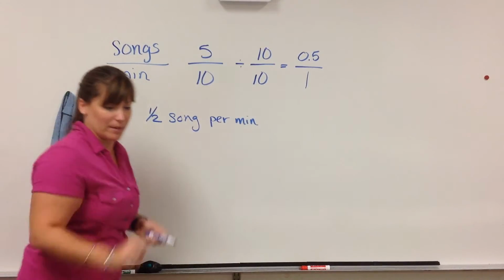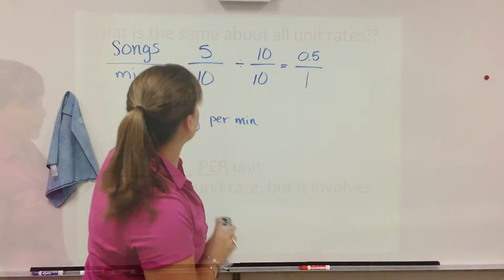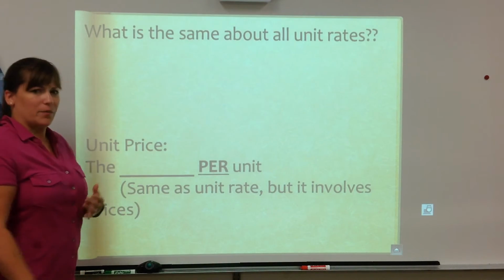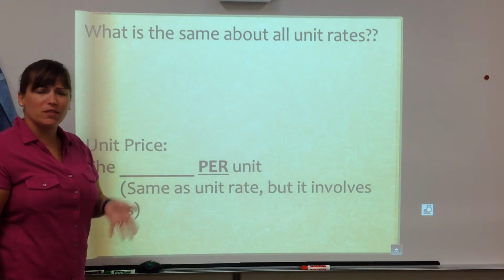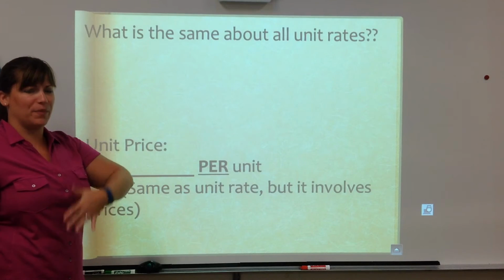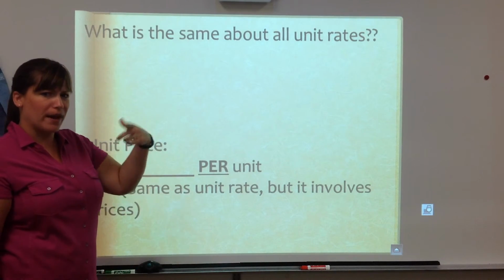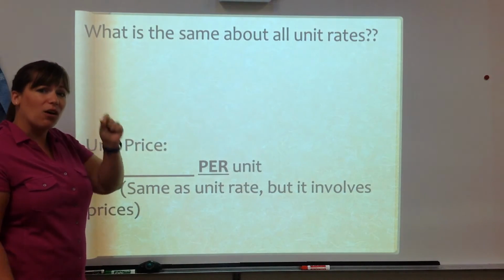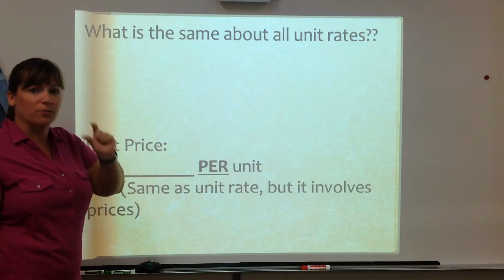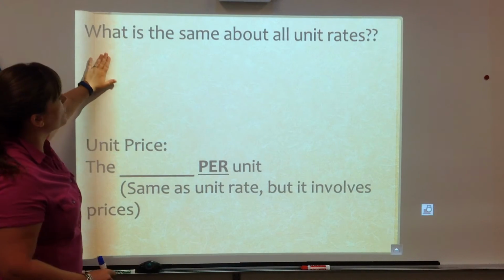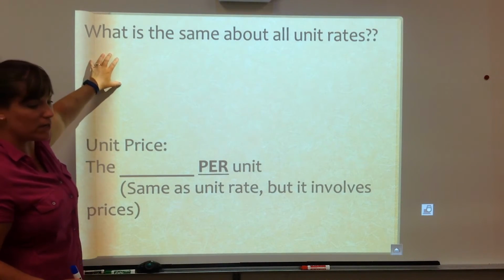Let me turn back on my projector and move on. So what we've been noticing as we are trying these rate problems is that when we simplify them, there's a recurring thing happening in the denominator. Look back and see if you can't notice it. All of the denominators are ending up being a 1. So we're going to actually write that. What's the same about all unit rates?